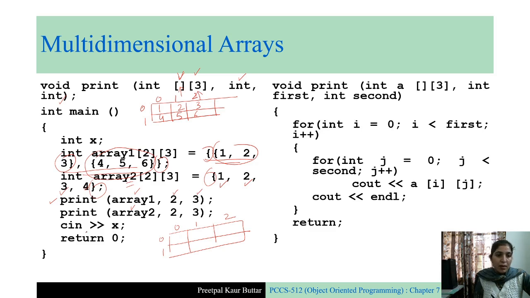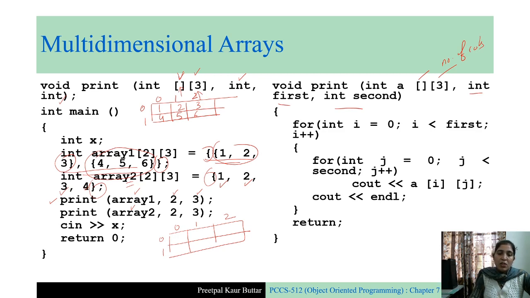So here we go to the print function, and in the print function declarator, this can be empty, but here we are mentioning the number of columns in each row. These are the first and second dimensions of the arrays.